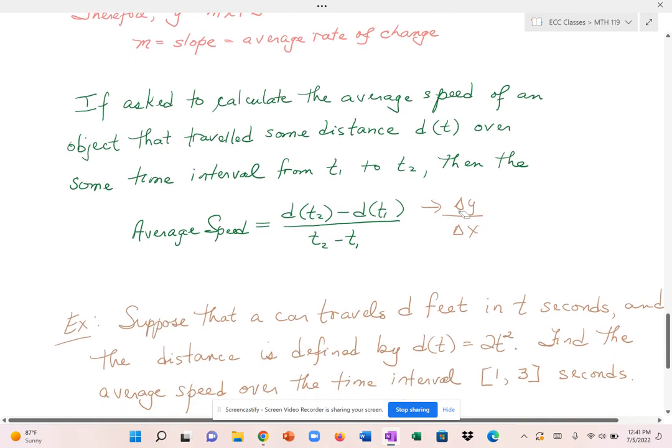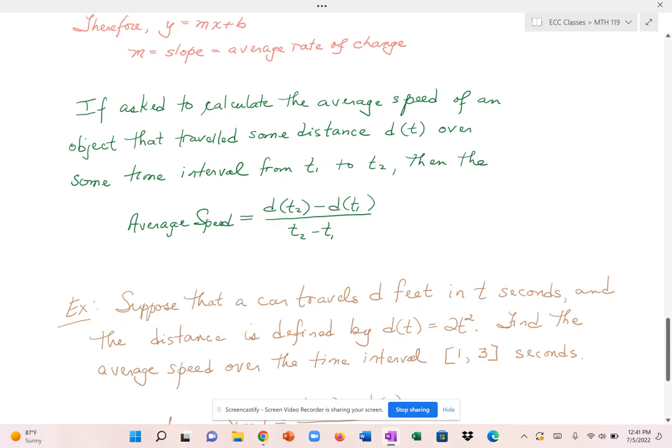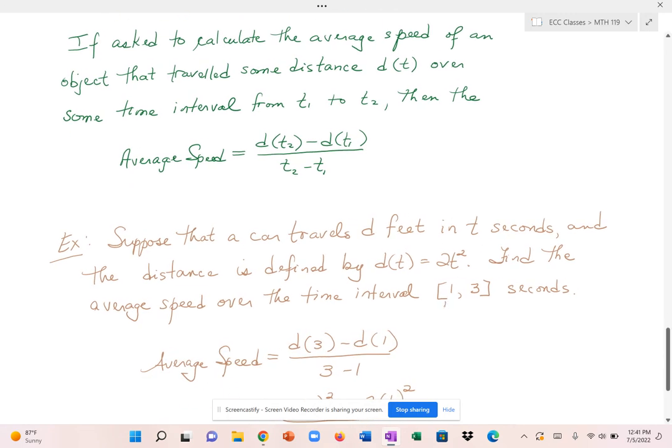So here's an example. It says, suppose that a car travels d feet in t seconds, and the distance is defined by the function d of t equal to 2t squared. Find the average speed over the time interval from 1 to 3. So this is basically your t sub 1, and this is your t sub 2.